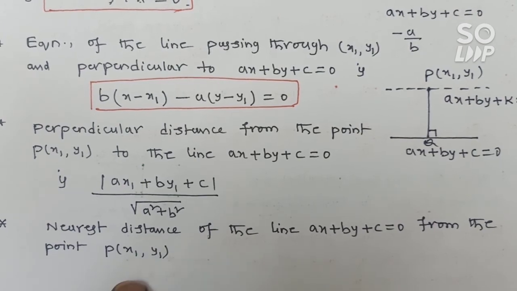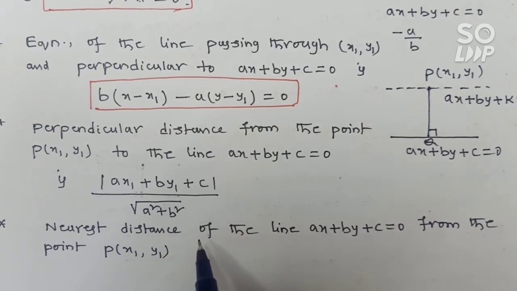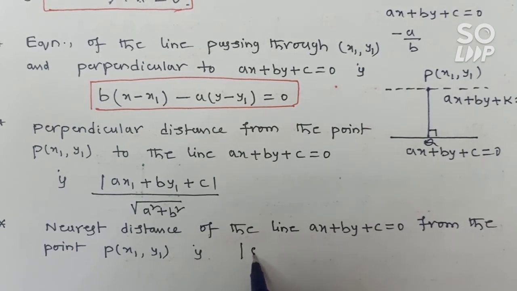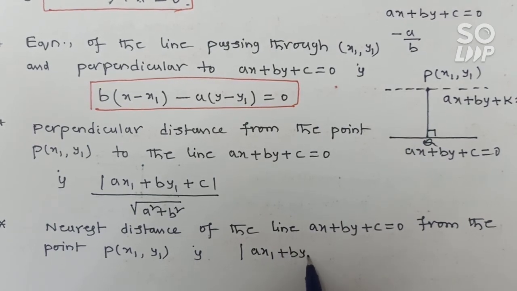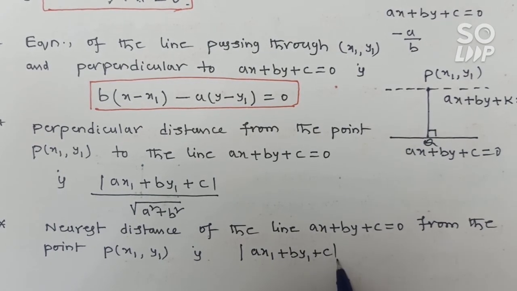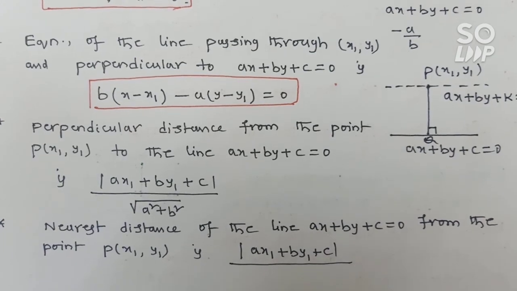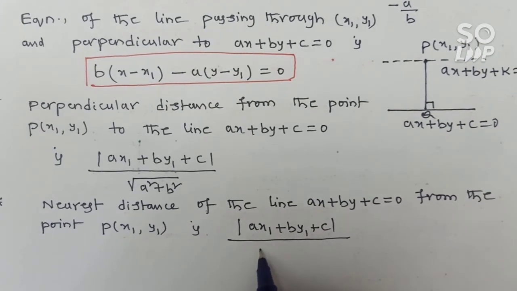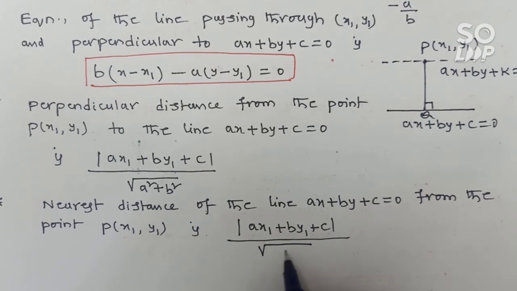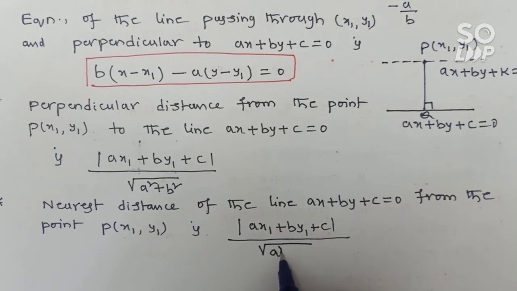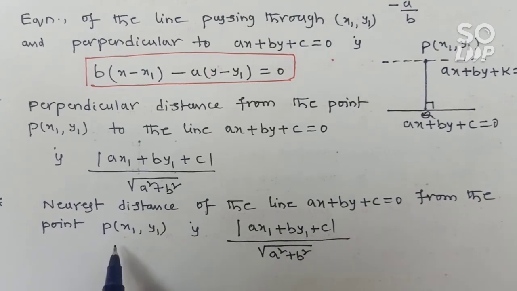In this case also we will use the same formula, modulus of a into x1 plus b into y1 plus c, whole divided by under root of a square plus b square. Nearest distance means shortest distance. The shortest distance of any line from a point is the perpendicular distance from the point to the line.